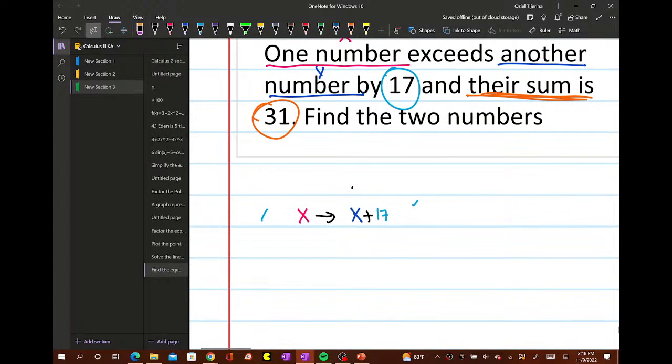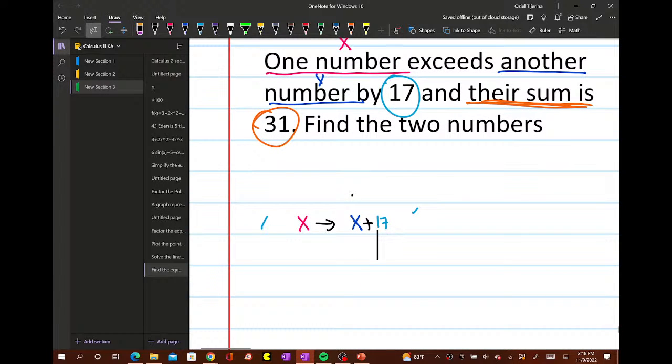So what if I say this? x is equal to y, let's do y plus 17, and then their sum is 31.